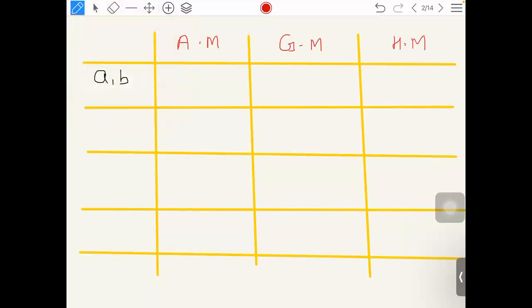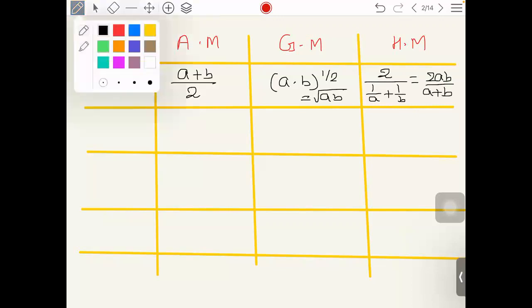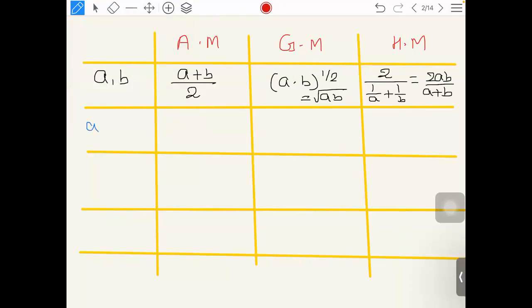When we have two terms A and B, AM is given by (A plus B) by 2, while GM is given by (A into B) raised to 1 by 2, also written as root over AB. And HM is given by 2 upon (1 by A plus 1 by B), which is equal to 2AB by (A plus B).